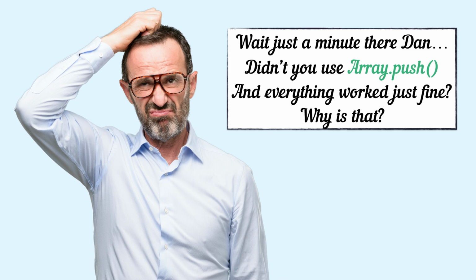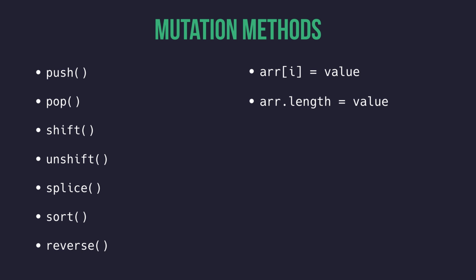If you dig into the documentation for Vue, you'll find that Vue wraps an observed array's mutation methods so that they will also trigger Vue updates. The methods that it wraps are things like push, pop, shift, unshift, etc. So when we call array.push, Vue knew underneath the hood, hey, I'm changing something in this array.